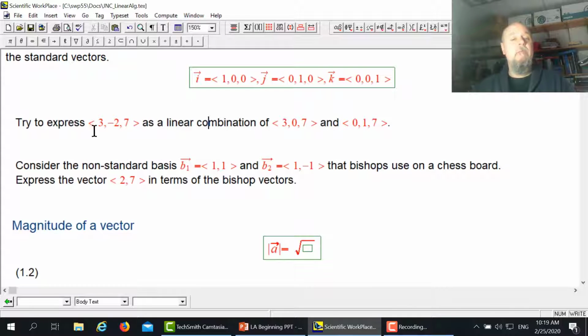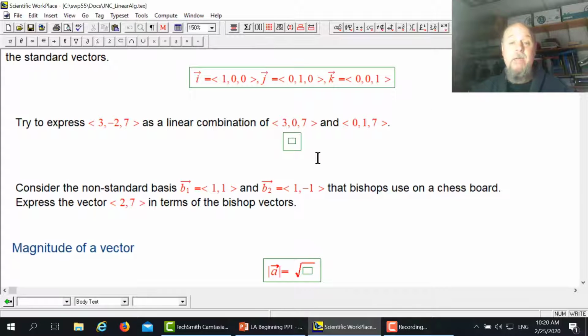Can I make vector 3, minus 2, 7 as a linear combination of these two, 3, 0, 7 and the other? Now, maybe I can, or maybe I can't, because I'm trying to make this vector out of only two other vectors. Let's see if I can, though.